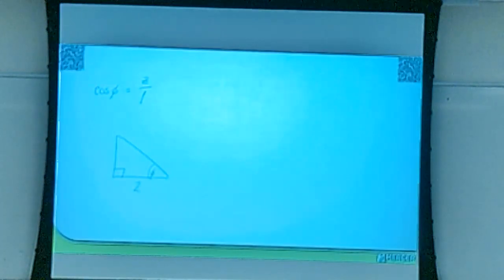What's that missing line? The opposite. Which is what? What's its length?